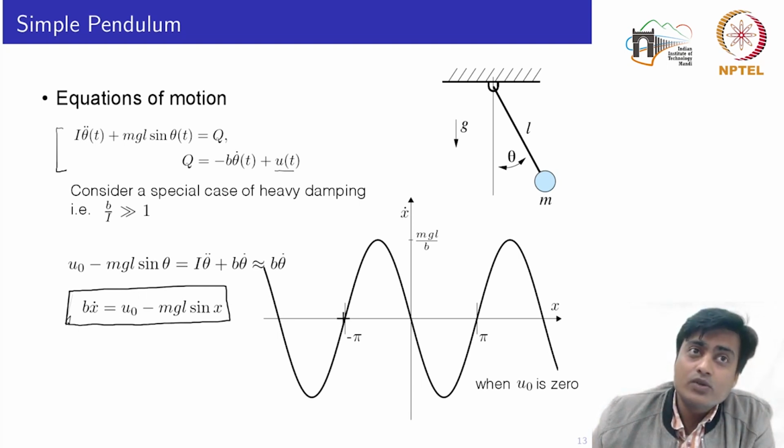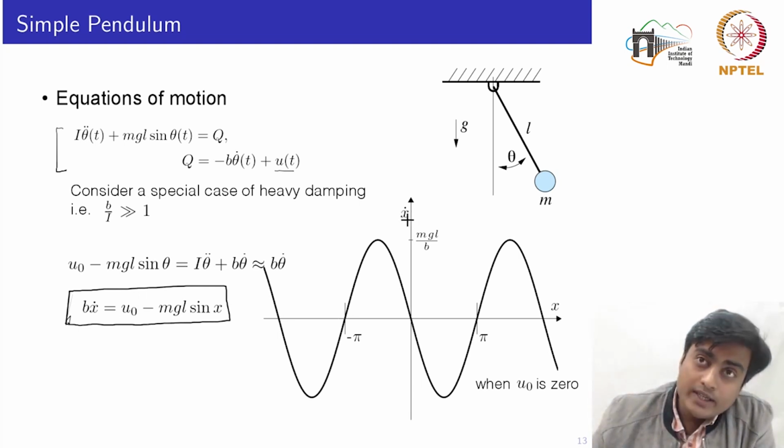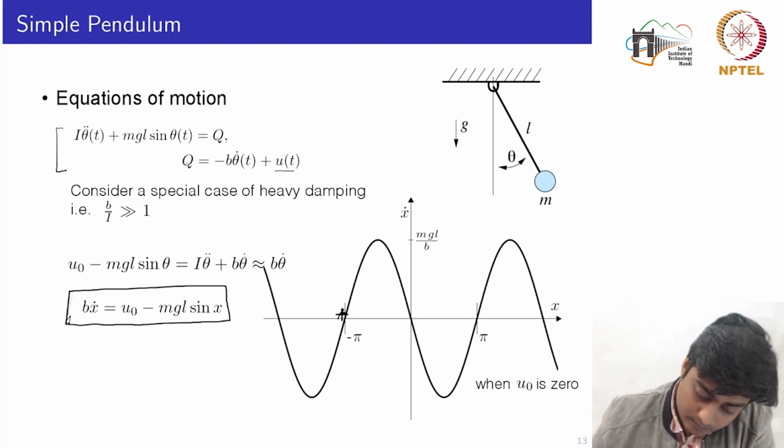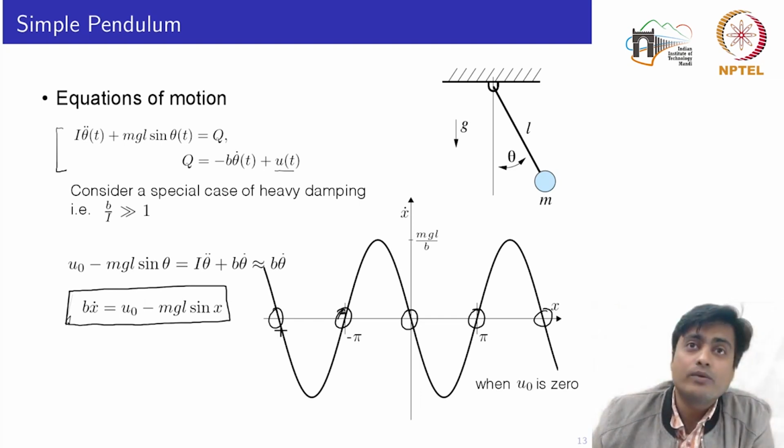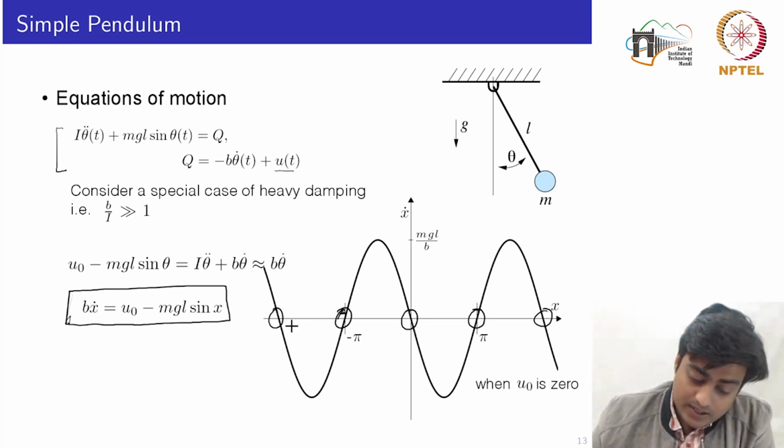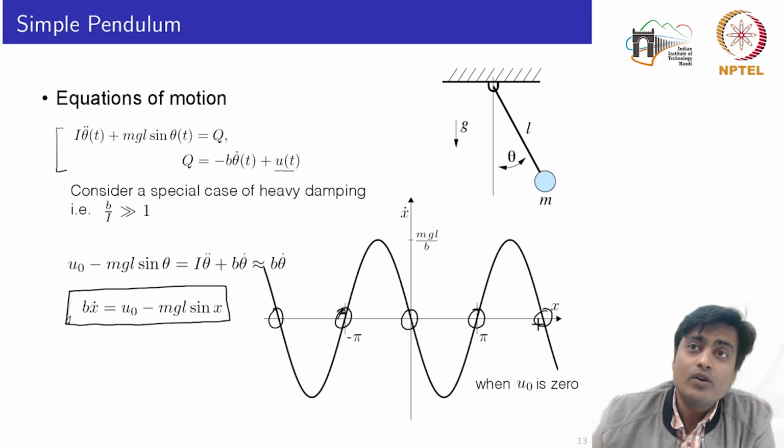By steady state values, we mean those points where x dot becomes 0 in these equations of motion. If you take a close look at this picture, all these points are the points where x dot is equal to 0. So we are interested in seeing the stability of these steady states, or the equilibrium points.